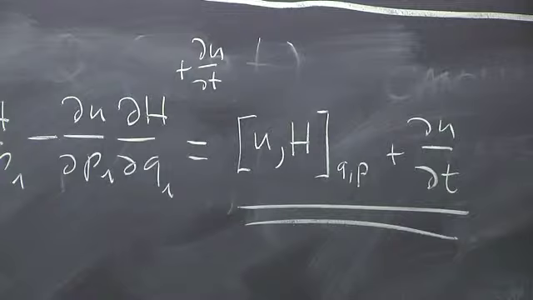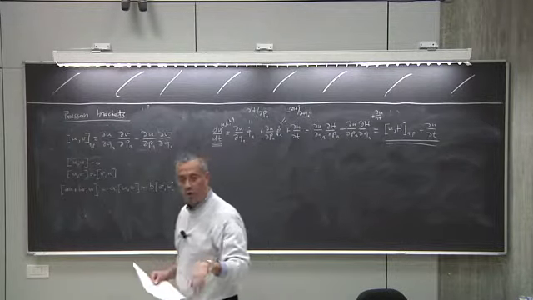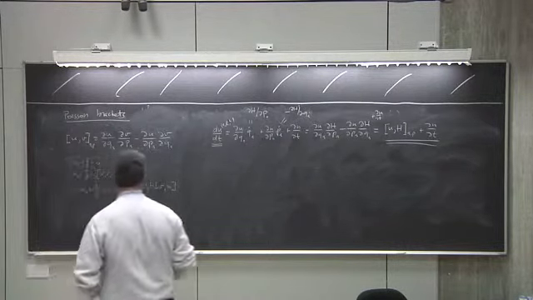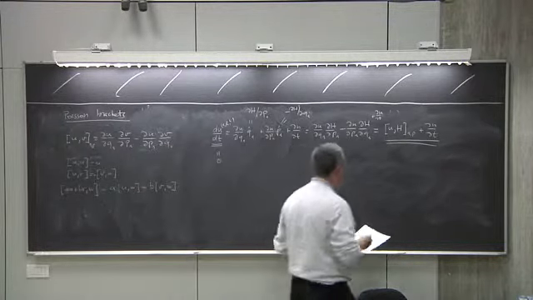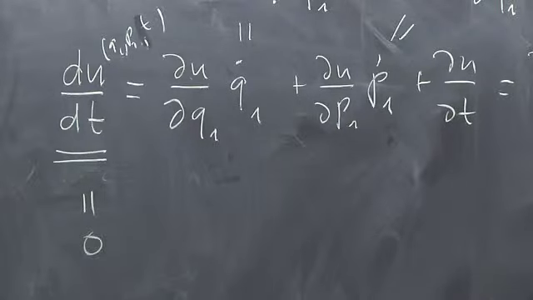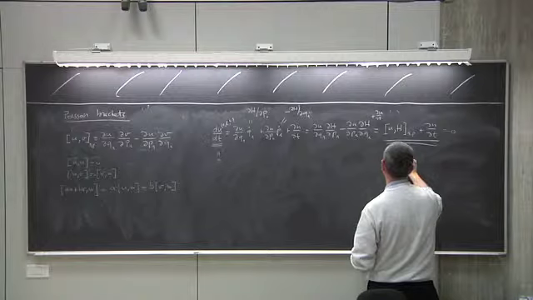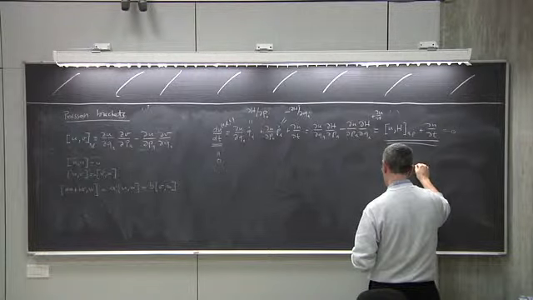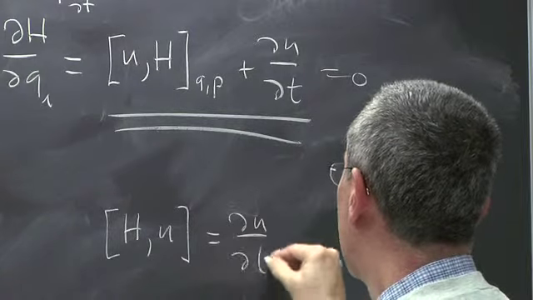And also, you see what happens if this quantity happens to be a constant of motion, that is conserved. Then, by definition, the total derivative vanishes, and therefore, for a constant of motion, the Poisson bracket with the Hamiltonian is just equal to minus dU/dt.